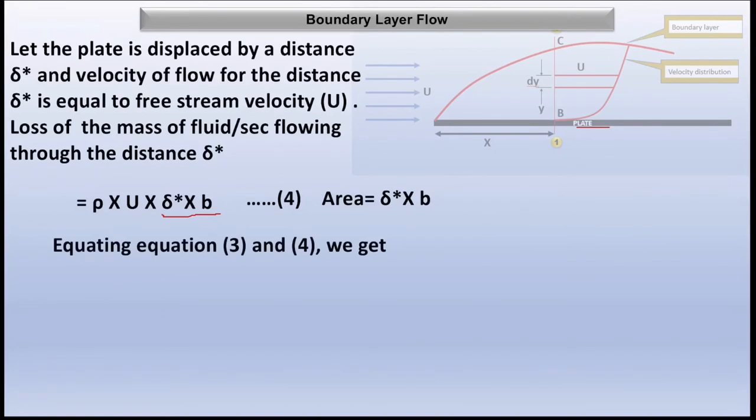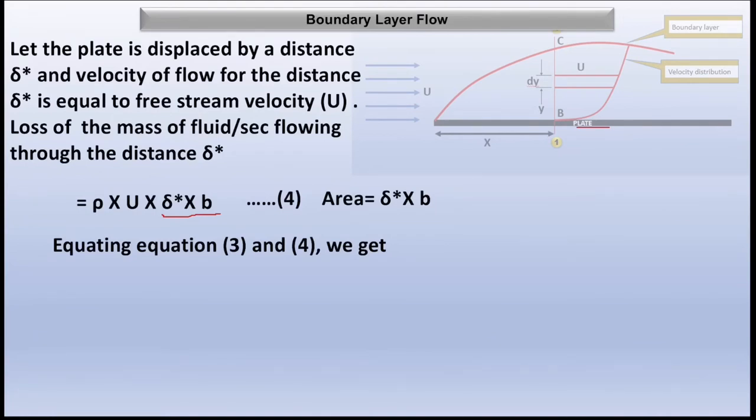So the loss of fluid flowing through the elemental strip, or for the entire section, which we got after integration, will be equal to the mass of the fluid flowing when the boundary is displaced by delta star. That we get from the definition itself.